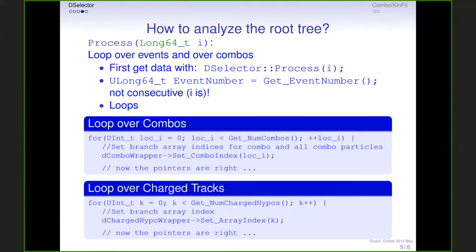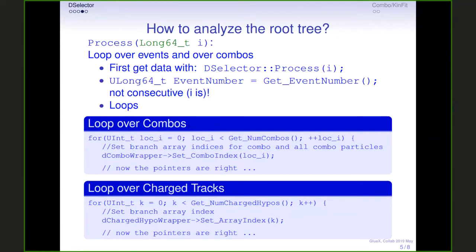The reason for that is we generate the REST files in multi-threaded mode. So when that gets written into your REST data file, the events will not show up in consecutive order. They will show up in an order of which event has been analyzed faster than the next one.